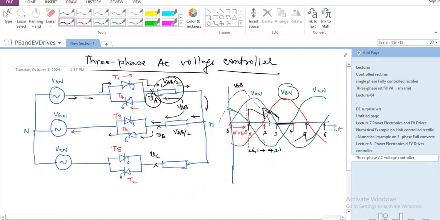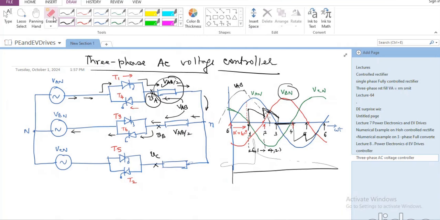So if I try to draw what is the voltage across the load corresponding to VA. So if I just say what is VA load, across the load, what is the voltage?